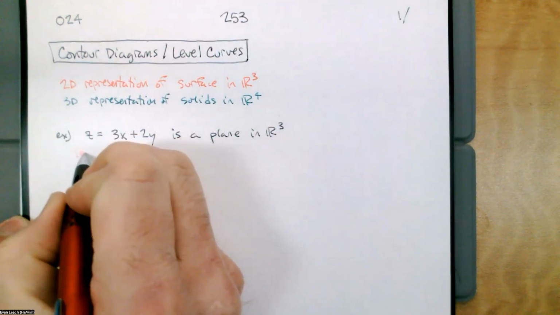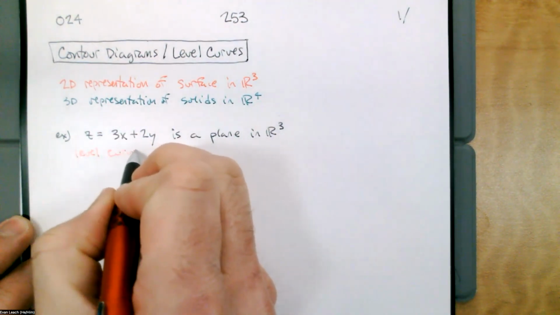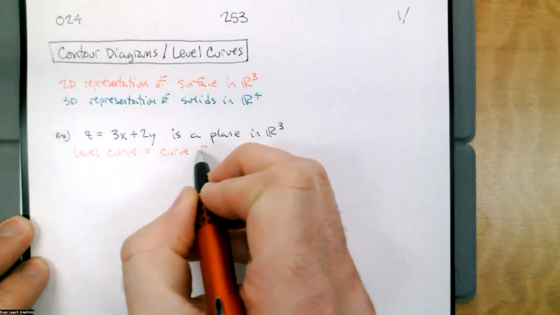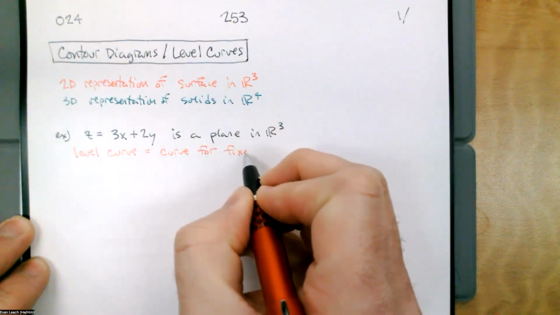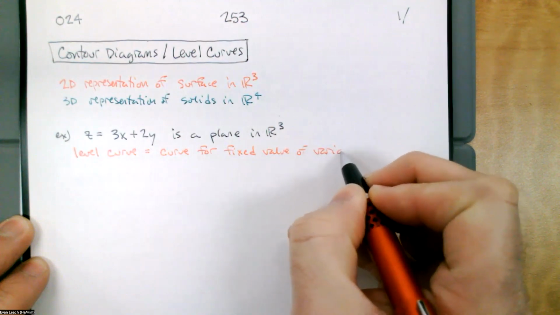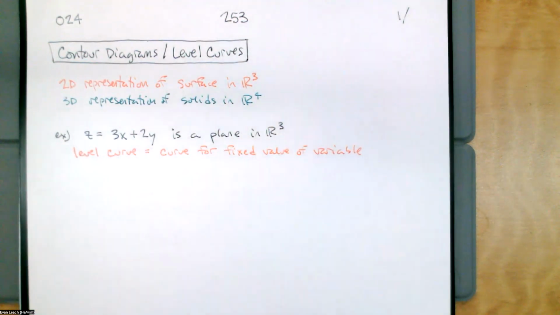So, level curve: we're going to start by picking a value for Z and seeing the resulting curve. But it could be for any variable. We could see what the level curves look like in the YZ plane or in the XZ plane. But we're going to look at fixed values of Z in the XY plane.